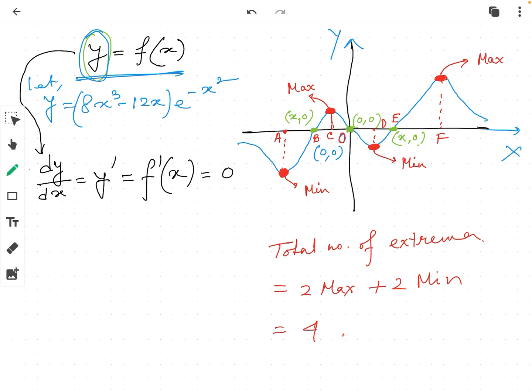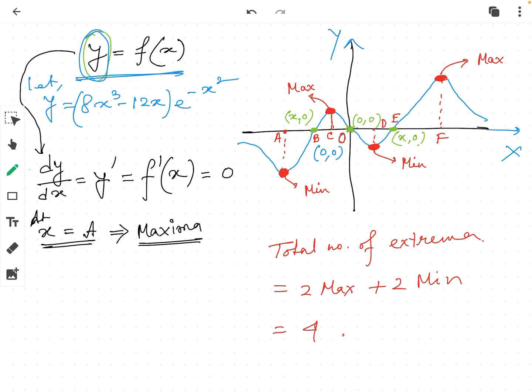and we need to equate it with 0. If a function is maxima or minima at a point, suppose at x equal a, the function is maxima or minima. Suppose at x equal a, the function is maxima.